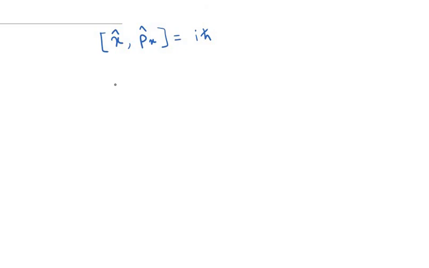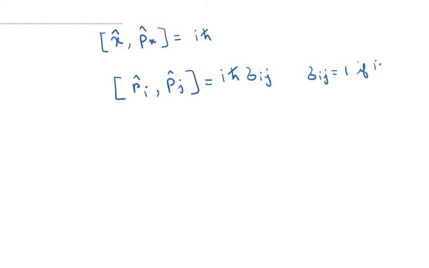So in 3 dimensions, this commutation relation becomes: if Ri is the position operator in the ith direction and Pj is the momentum operator in the jth direction, then this commutator is equal to i h bar delta ij, where delta ij is equal to 1 if i equals j, and this is equal to 0 if i is not equal to j.